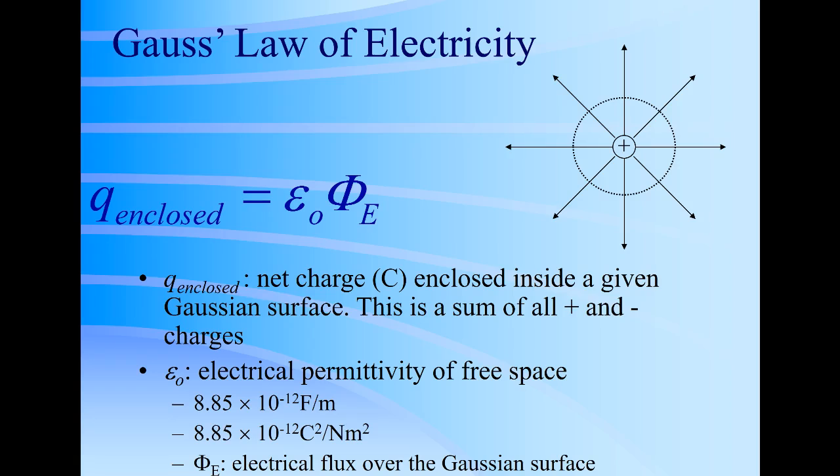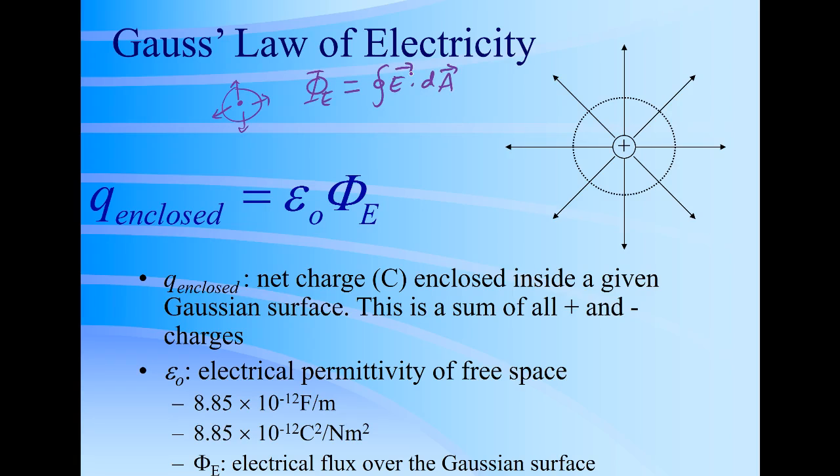Okay, so now that brings us to Gauss's law of electricity. We saw this in the last segment when we looked at the flux for a point charge. If we had a point charge, here's all the field lines coming out. And if we surrounded it, we could calculate that the flux was equal to the surface integral of E dot dA.